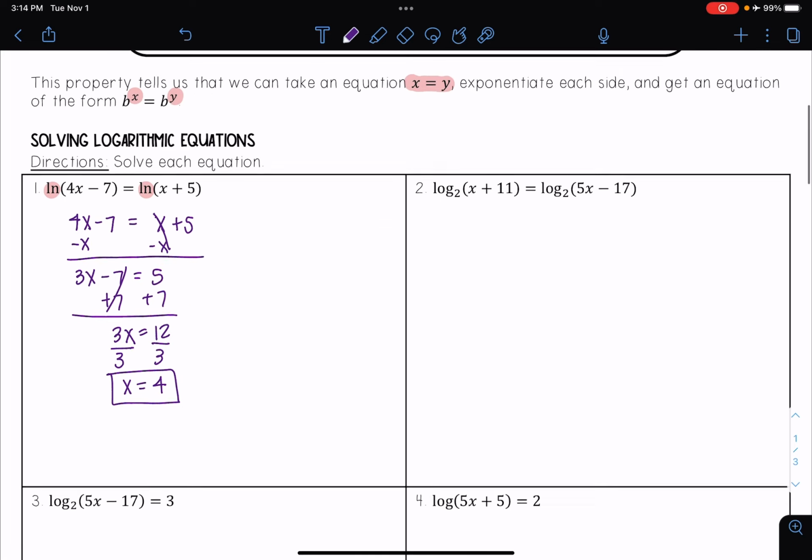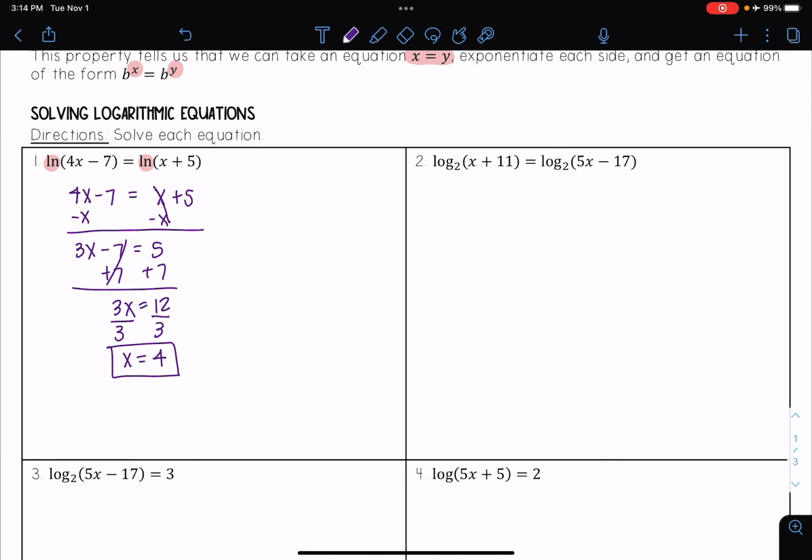Looking at number 2, this is really similar. I have a log base 2 that I'm taking on both sides. Since I am taking the same log on both sides, what I'm taking the log of has to be equal. Again, I can think of it as taking the power of 2 on both sides and they would cancel. Either way you want to think of it.